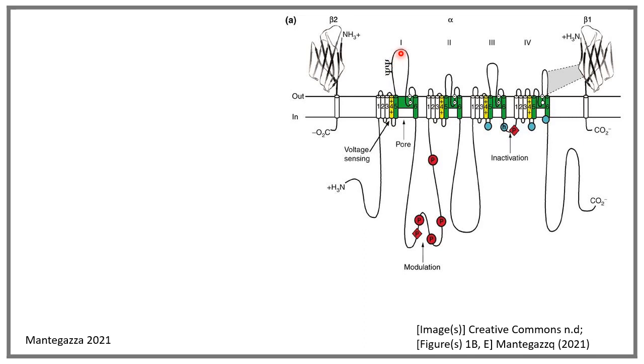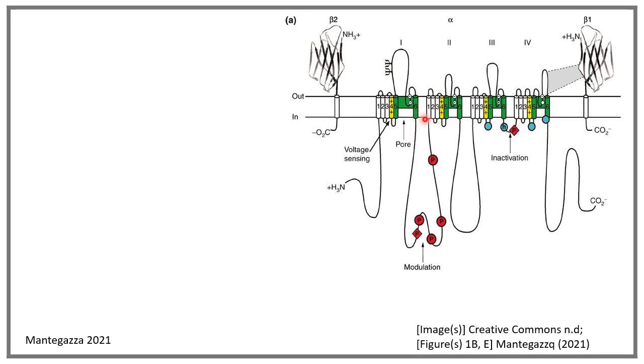The channel is formed of 4 domains, Roman numeral 1 through Roman numeral 4. If you recall, in the ligand-gated channel, we had 5 subunits. Here we have 4 domains. Within each domain are 6 transmembrane segments. In between the 5th and 6th segment in each domain is the pore-forming portion of the protein.